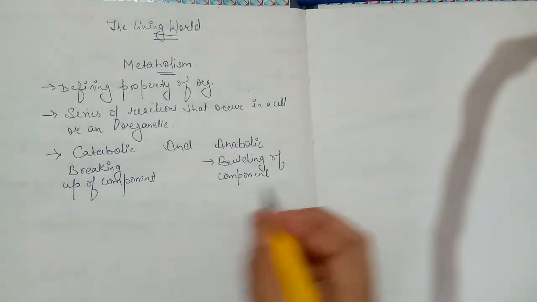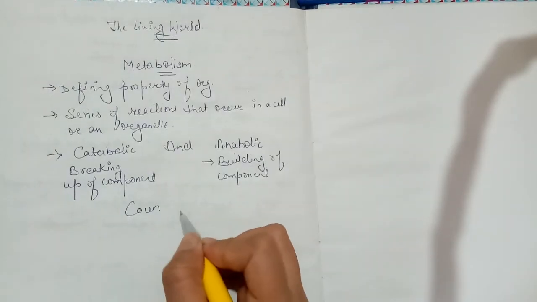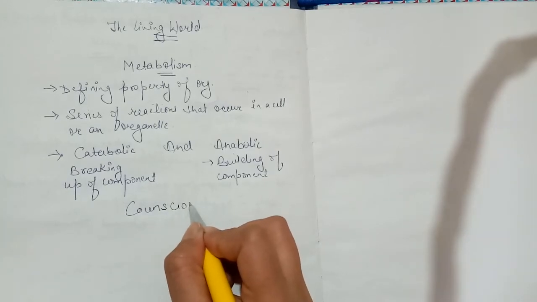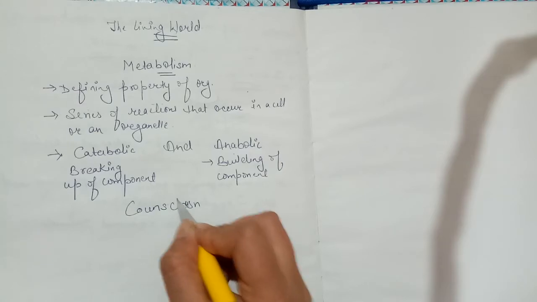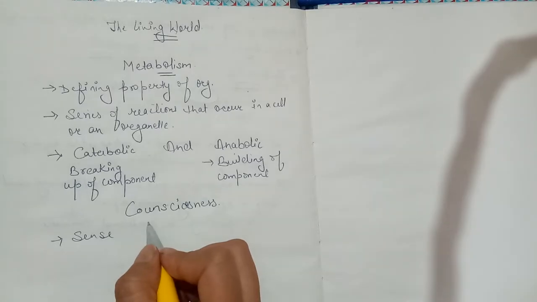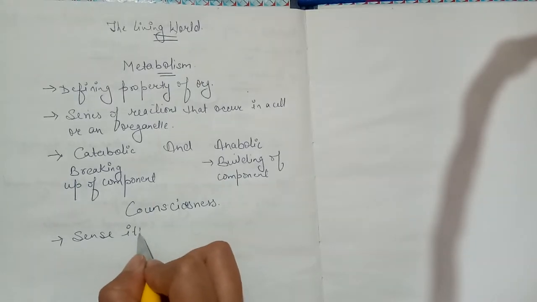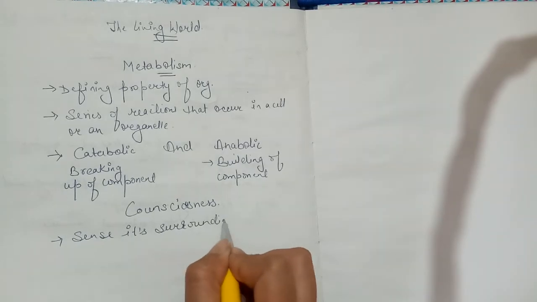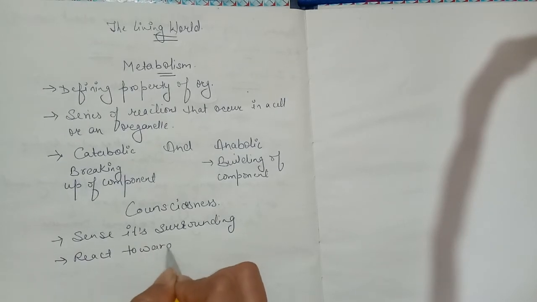After metabolism, one more defining feature that we will study today is consciousness. Consciousness means that a person or an organism is able to sense its surrounding, or is able to react towards the external stimuli.